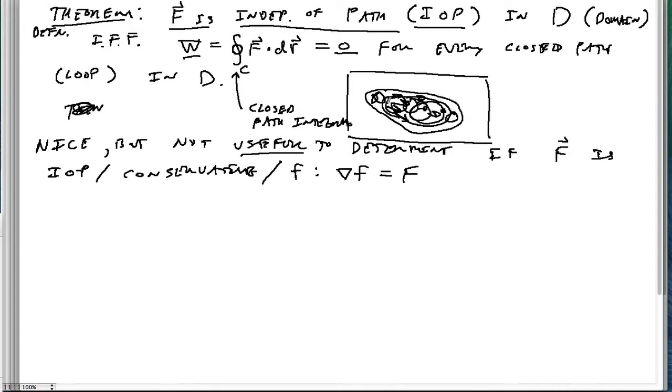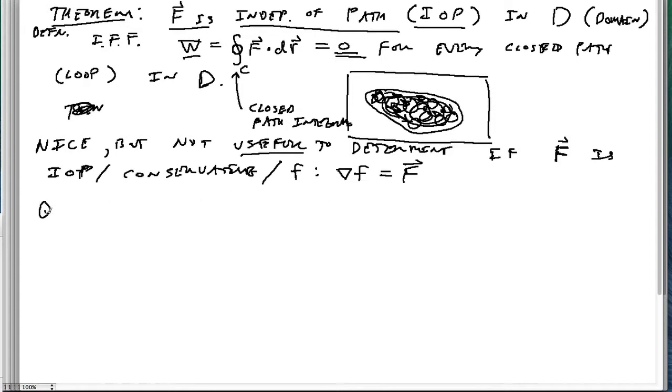There's infinitely many. We can keep trying examples, but we'll never be able to check every single one. Because of that, this is a nice definition. It's certainly a good way, if we can find one closed path where it doesn't equal 0, that certainly helps us determine that our vector field is not conservative, not independent of path. But in general, it'd be hard to actually state that our vector function is conservative or independent of path with this definition.